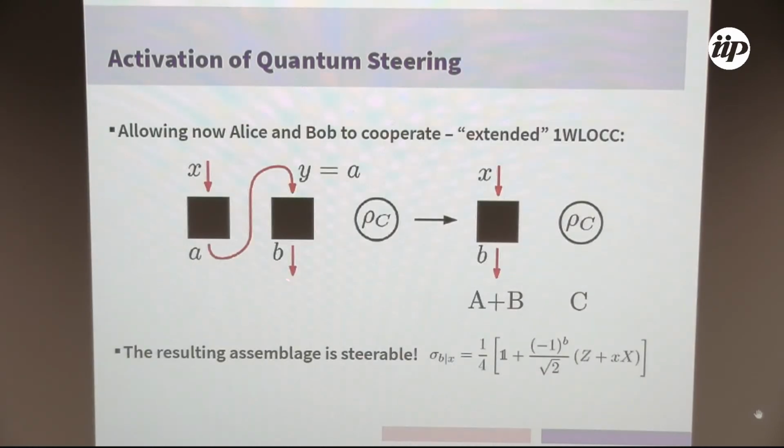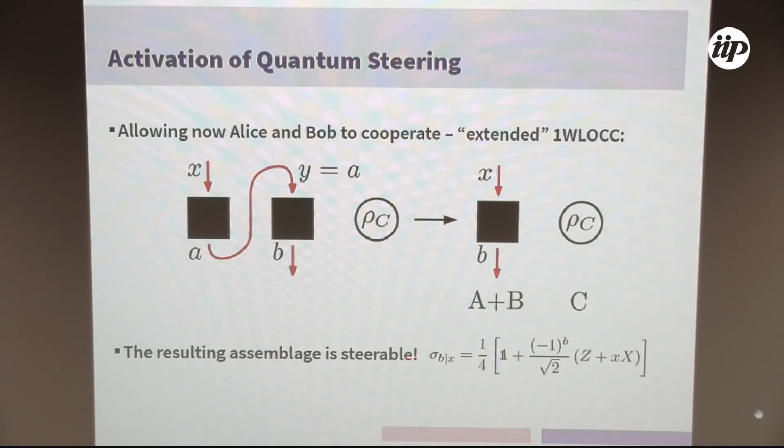But if I allow some cooperation between Alice and Bob, or these two parties with the black boxes, if I allow the communication of the result from one to the other and allow the other to use it as an input, what I have in the end is a bipartite assemblage. So I reduce to an assemblage with just one black box, which encompasses these two black boxes after the operation.